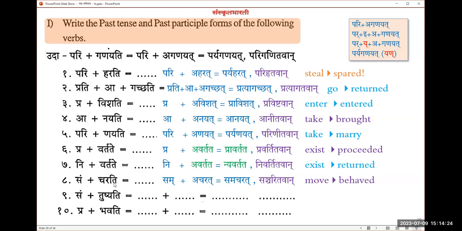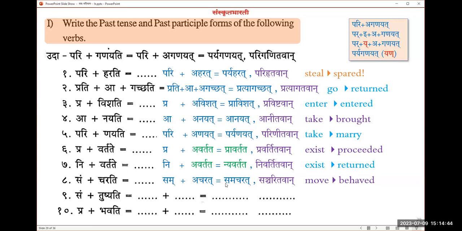They move by grazing along. It's generally used in that sense, but if you say Ramaha charati, it simply comes back to its simple gachati sense. He won't be grazing going. So samacharat is, what is sam adding? Properly moved, like that. Samacharat.